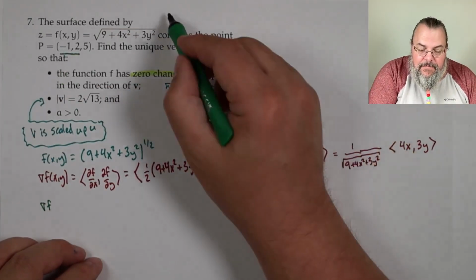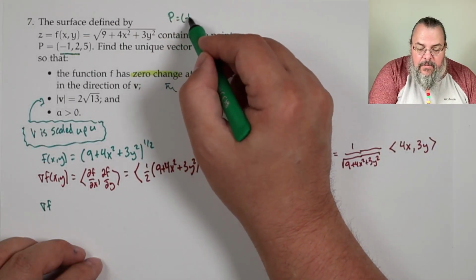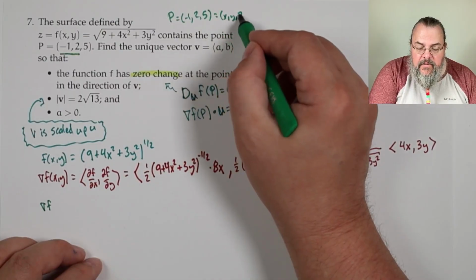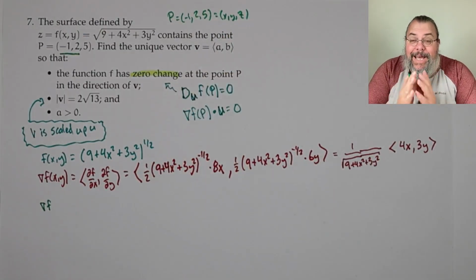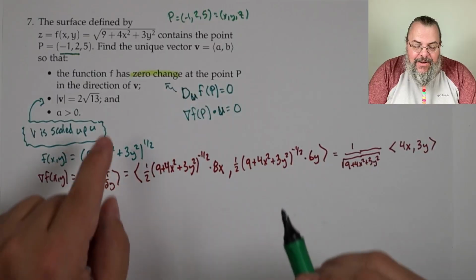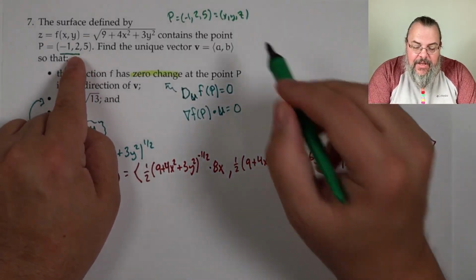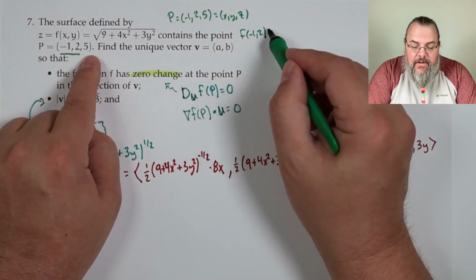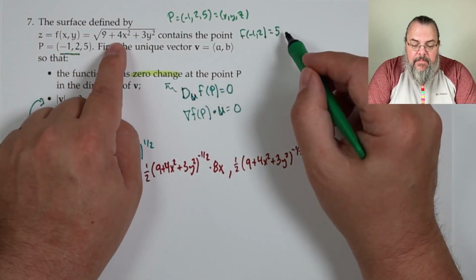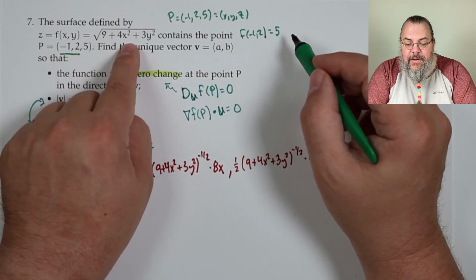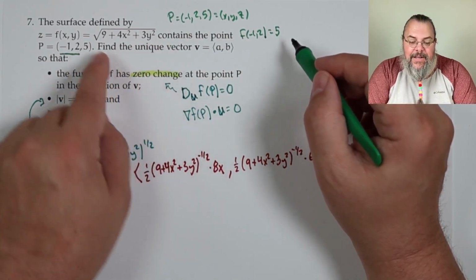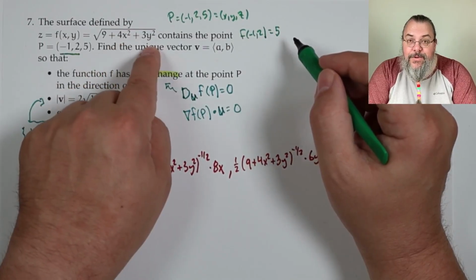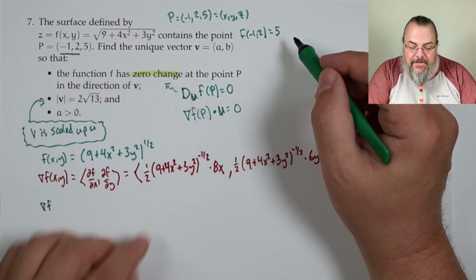So notice the P here. This is (-1, 2, 5), your x, y, z. We're going to actually take advantage of this. What does this tell you? It tells you that f of (-1, 2) is 5. So that's the square root of 9 plus 4 times negative 1 squared plus 3 times 2 squared. And you can check it out: 9 plus 4 makes 13, plus 12 makes 25. Square root of 25 is 5.